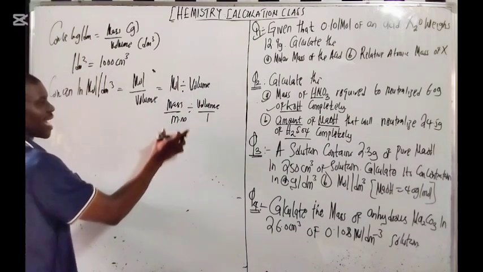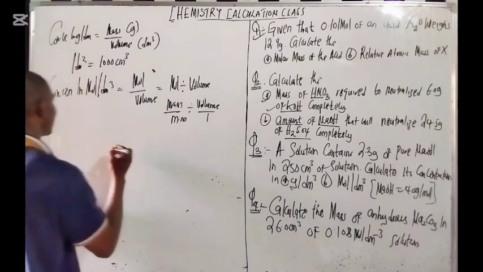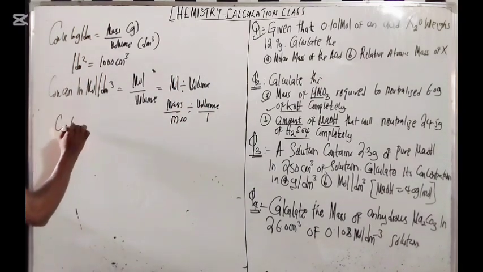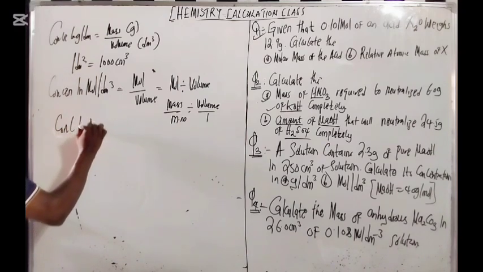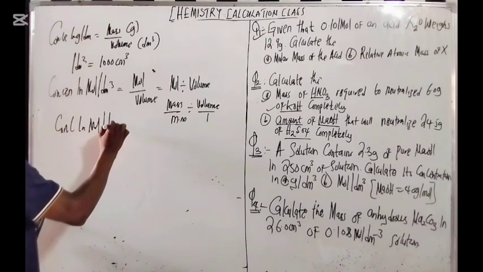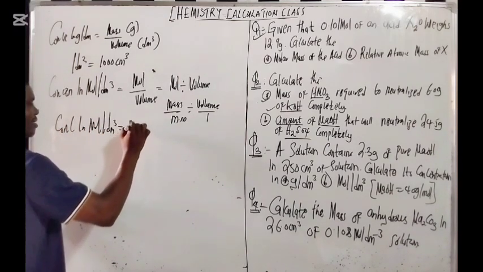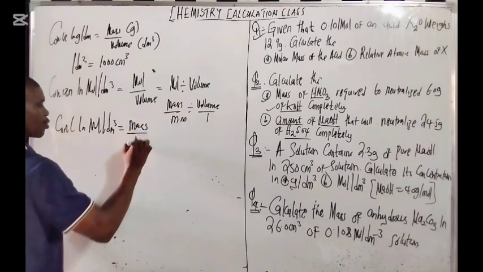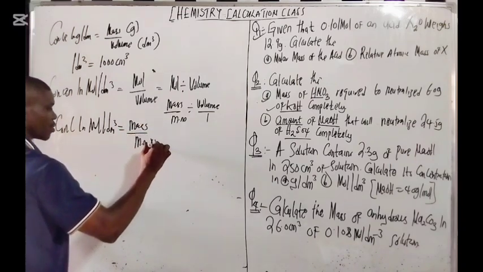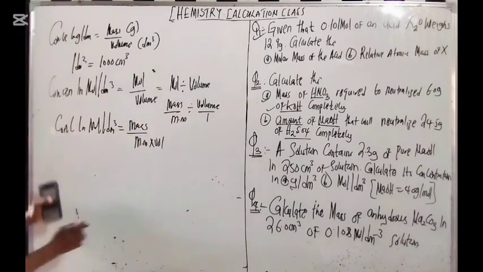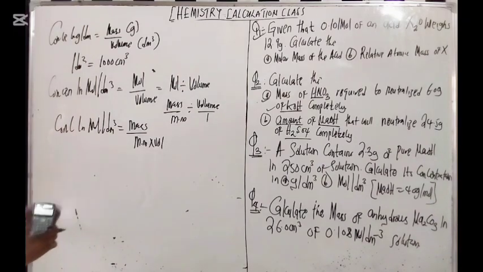Now, if I change it to times, concentration in mole per dm cube is equal to mass over molar mass times volume, and the volume must be in dm cube. So these are the 2 formulas we are using here.